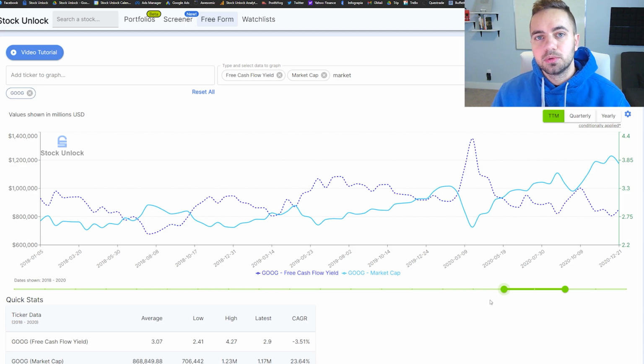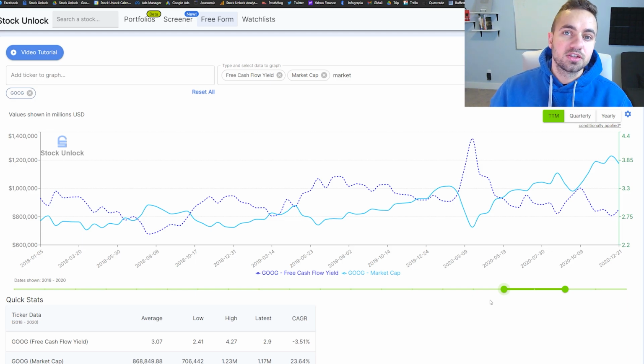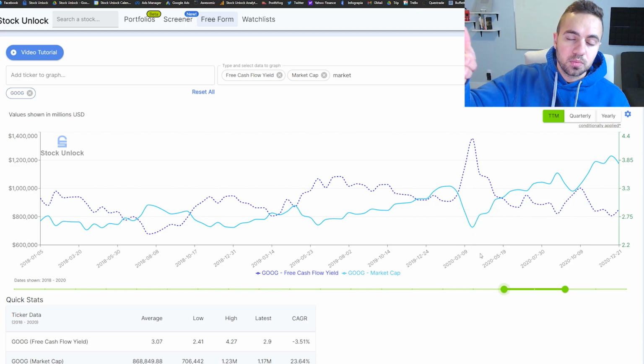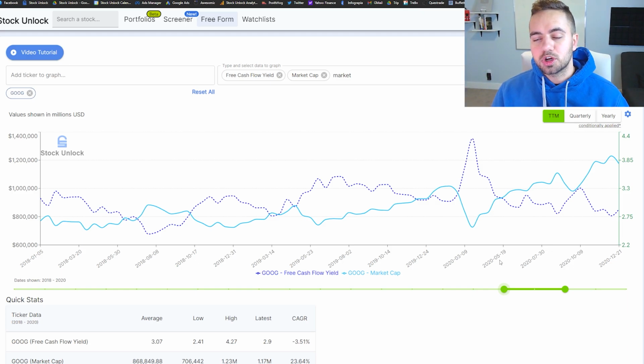And as we also learned, investors should be comparing cash flow yields or earnings yield versus bond yields to find out if there is a margin of safety. So what this means is that when Google's share price and market cap fell right here, or the price of the business fell, its yield went up, which means its margin of safety also went up. Now, if Google's share price started increasing rapidly, then what that would mean is the free cash flow yield would decline and the margin of safety would decline.